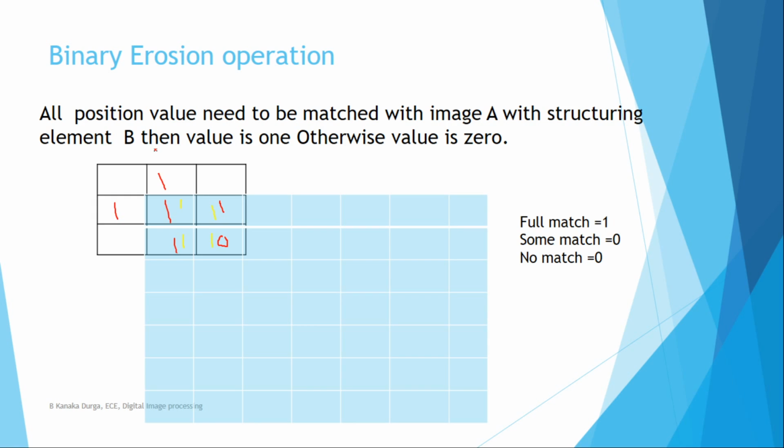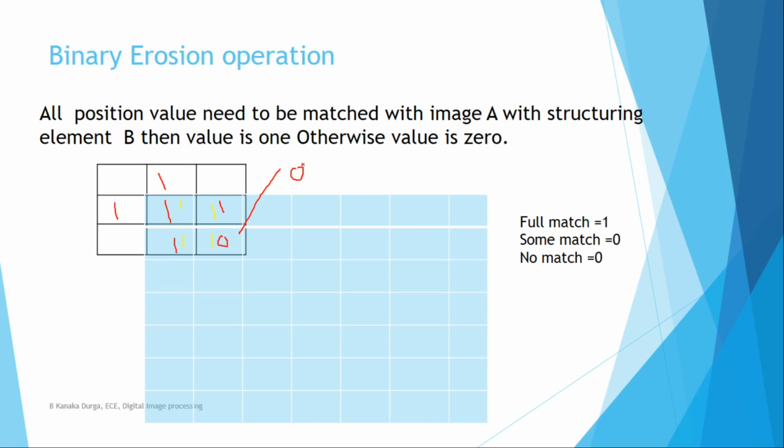We have to compare the pixel values after keeping the structuring element on the image. If you observe, 1 1 is matching, 1 1 is matching, and 1 1 is matching, but in the next case 1 0 is not matching. If any one of the cases does not match, the resultant of the erosion goes for 0.